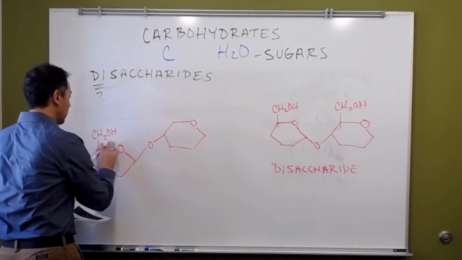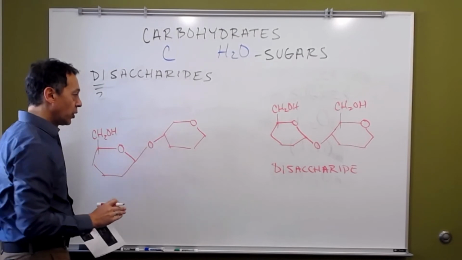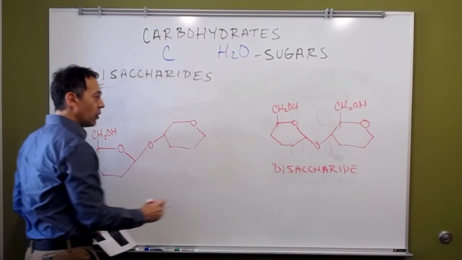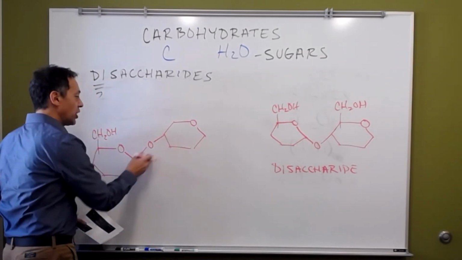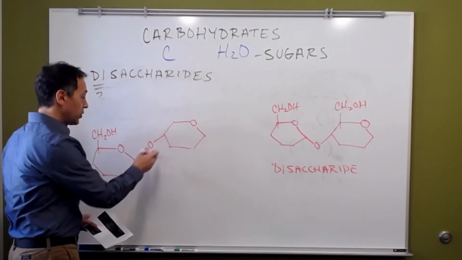Now, two different ways of joining a disaccharide together. One is with the oxygen atom coming down like this. The other is with the oxygen atom coming up like this.